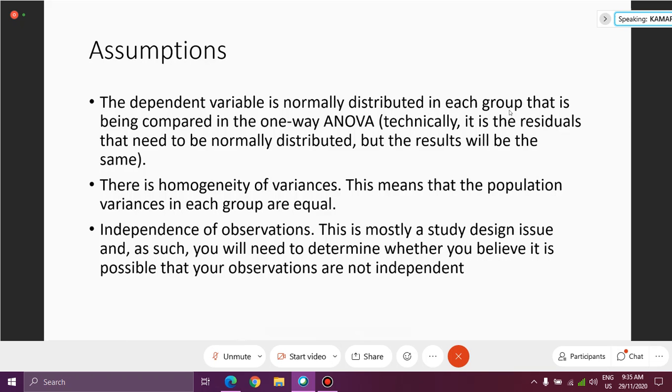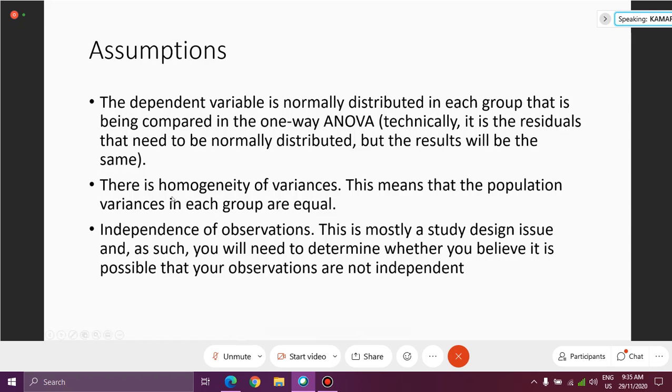If you have the groups Malay, Chinese, and Indian, it means that the body mass index must be normally distributed for Malay, normally distributed for Chinese, and normally distributed for Indians. For each group, the body mass index must be normally distributed.